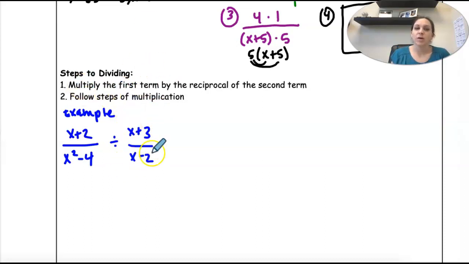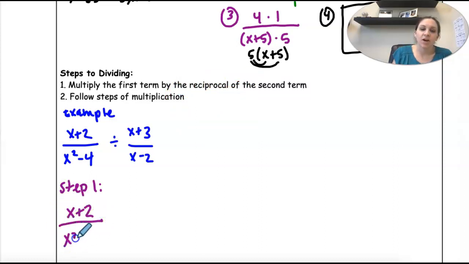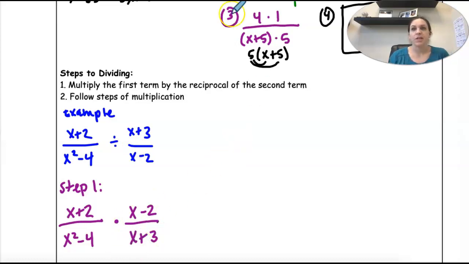Okay, so step 1 is multiply the first term by the reciprocal of the second. So you say it in elementary school, you could say copy dot flip. But I'm going to multiply, so change the divide to multiply. And then the second term, we take the reciprocal. So the numerator and the denominator switch places. And then we follow all the same steps.